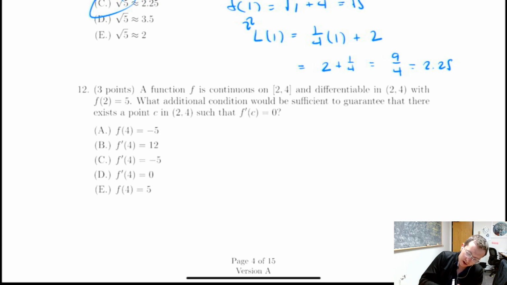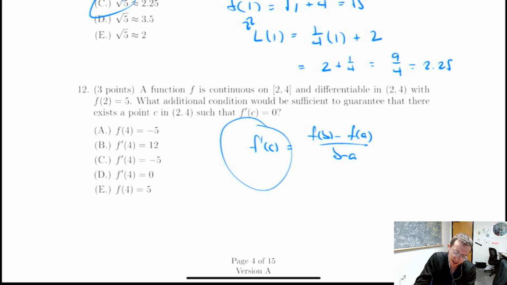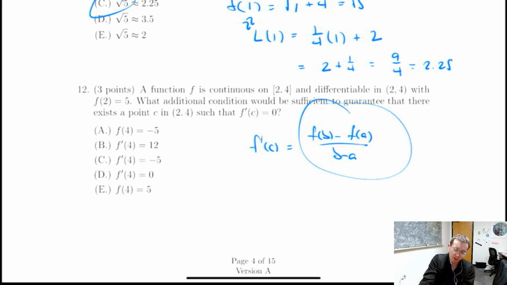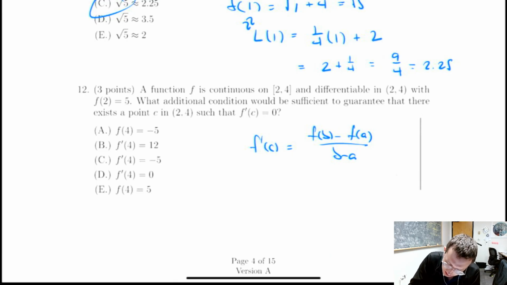The mean value theorem tells me that under these conditions, there is a value c such that f prime of c is equal to f of b minus f of a over b minus a. This is saying that the instantaneous rate of change equals the average rate of change, but only at some value of c.